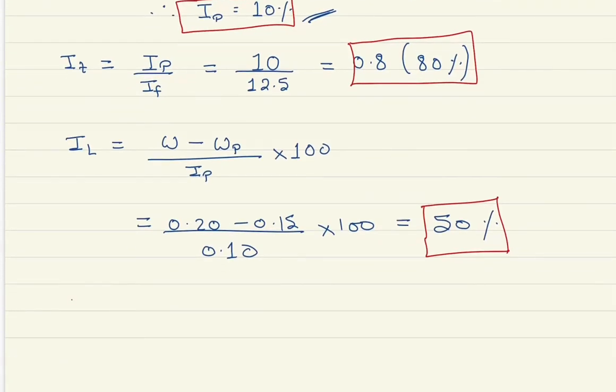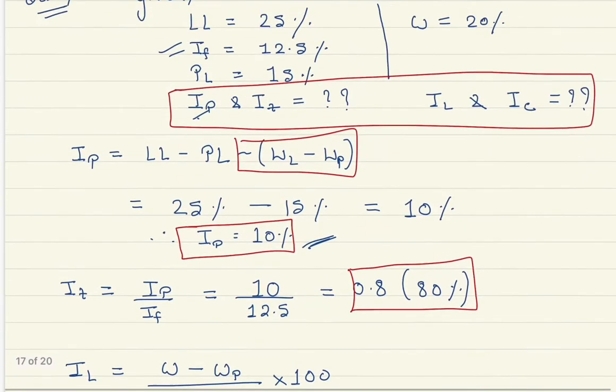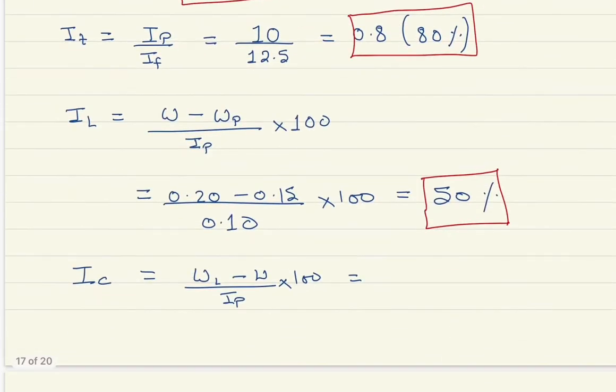What is next? Next is IC, that is consistency index or relative consistency. We know that it is represented by WL minus W upon IP into 100. What is the value of liquid limit? Liquid limit is 25%.